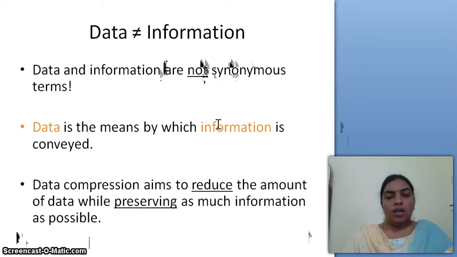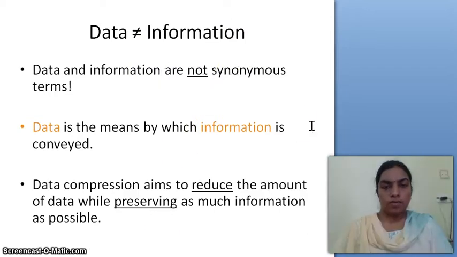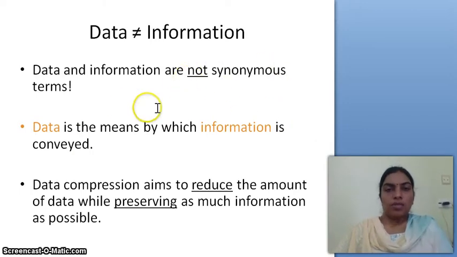No. Okay, here data and information, both the words are different, not the same. Observe here. These are not synonym terms, right?